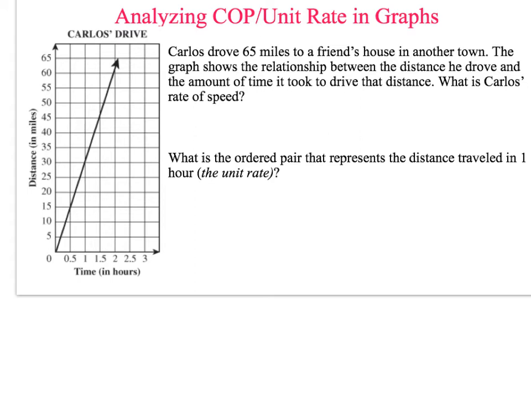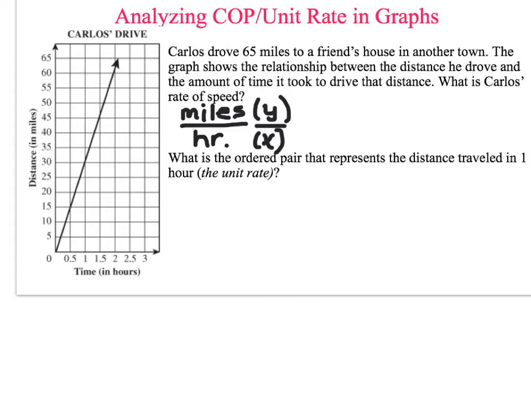So I'm looking for the distance, or the miles per hour. This is also y over x, because the number of miles he travels depends on how long he's been driving for.